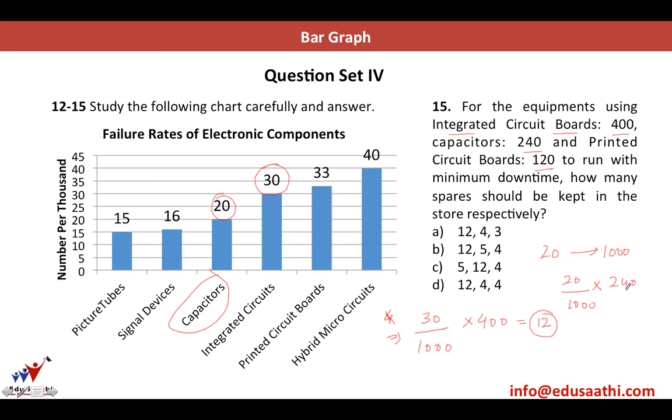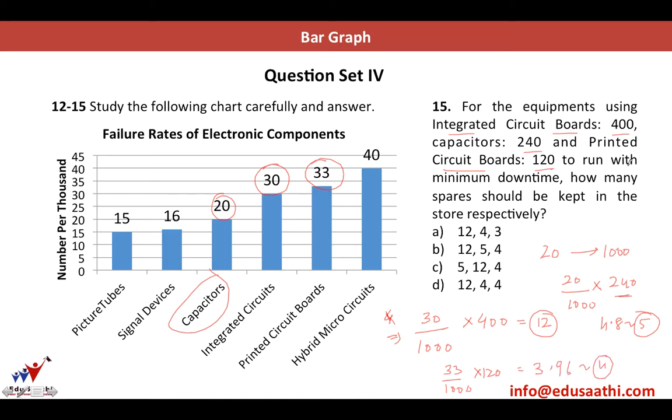If we have to calculate how many times will they fail in 240, this gives me 4.8, or I can approximately take this as a 5. Similarly, I need to calculate for printed circuit boards. So they fail 33 times in 1000. So I have 33 by 1000 multiplied by 120. This will give me approximately 3.96 or 4.